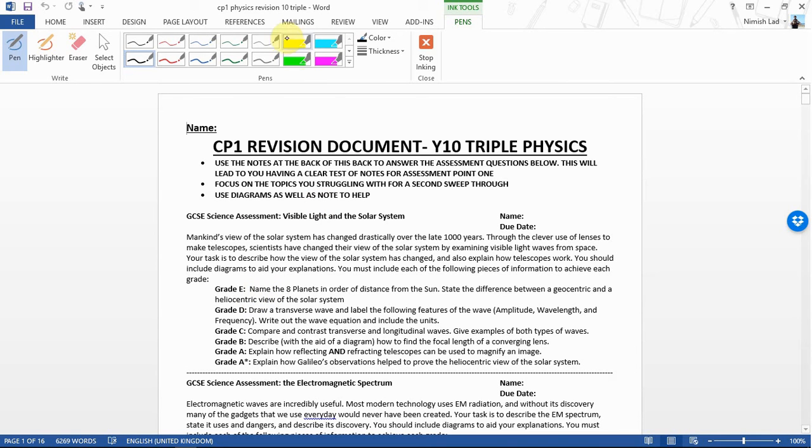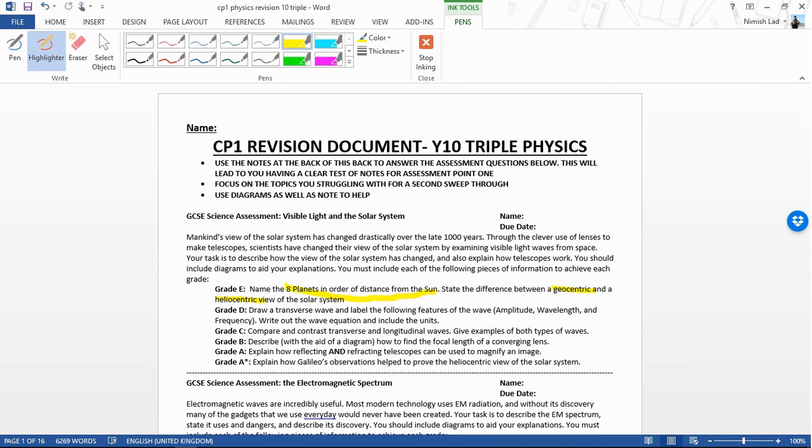So it says over here, to get a grade E, you need to know the 8 planets in order of distance from the Sun, and state the difference between a geocentric and a heliocentric view of the solar system. So remember, when you've got the 8 planets, you start from the closest and go furthest out. That's what it's asking us to do in terms of distance from the Sun. There's a way of remembering it, and that's my very easy method, just speeds up naming planets.